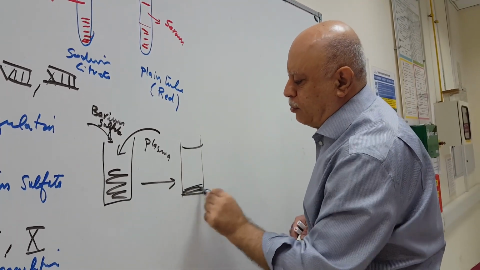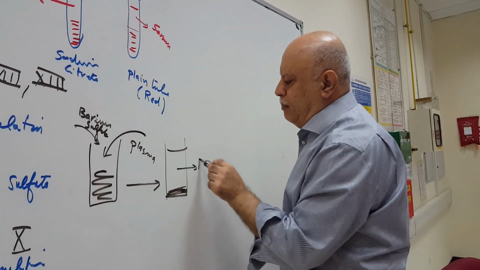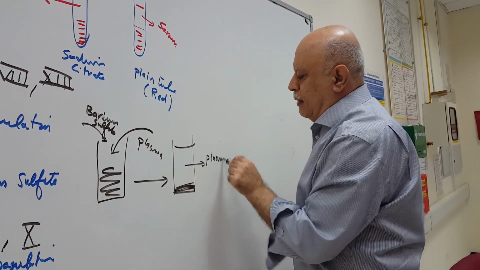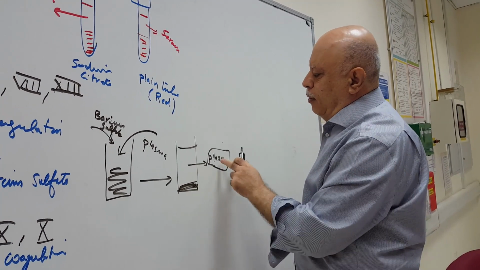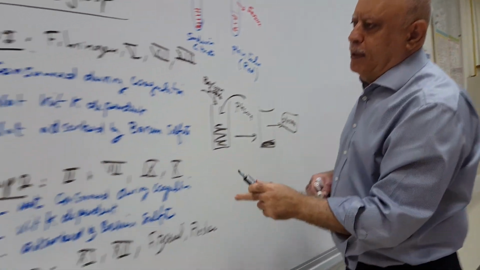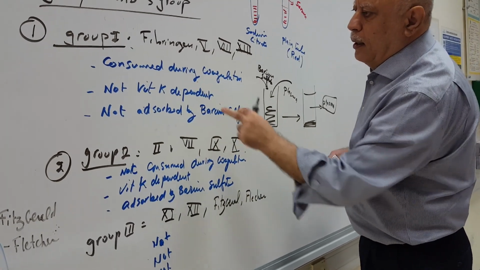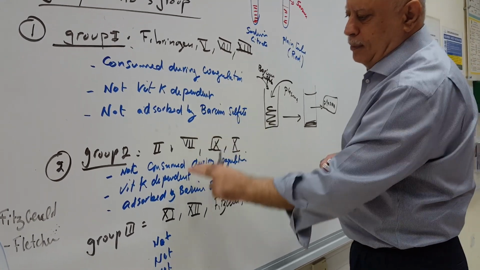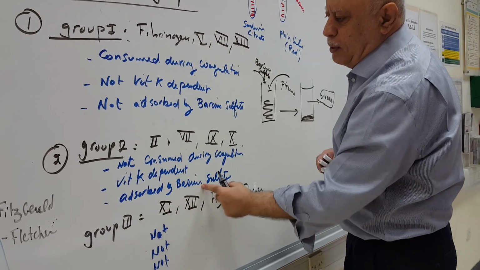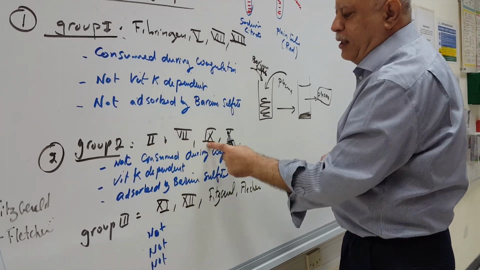The barium sulfate goes to the bottom, and this is the plasma. This plasma has all the clotting factors except the ones absorbed by barium sulfate. They don't have this, or this, or this, or this.